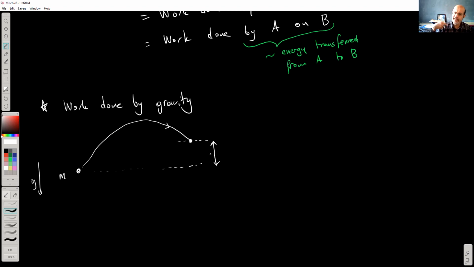So it's basically an energy transfer, but in the opposite way, right? If I do a negative work on B, B does a positive work on me. So as a result, the energy flow is the other way around, from B to myself.